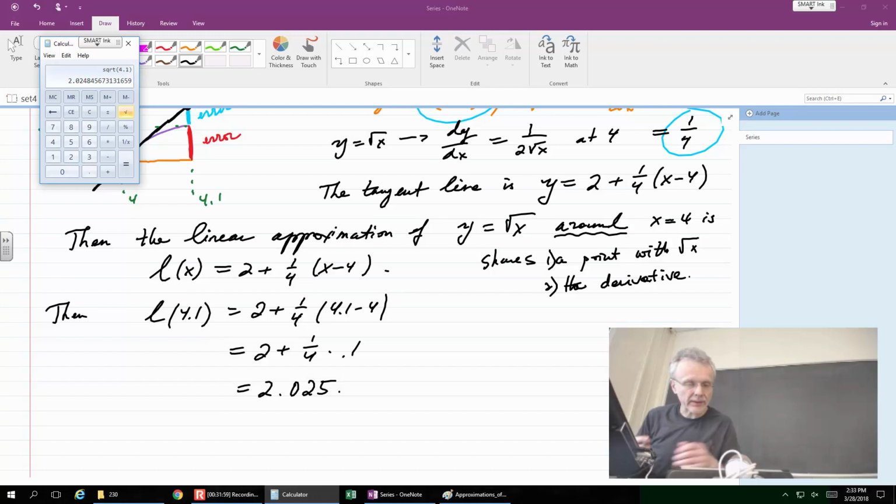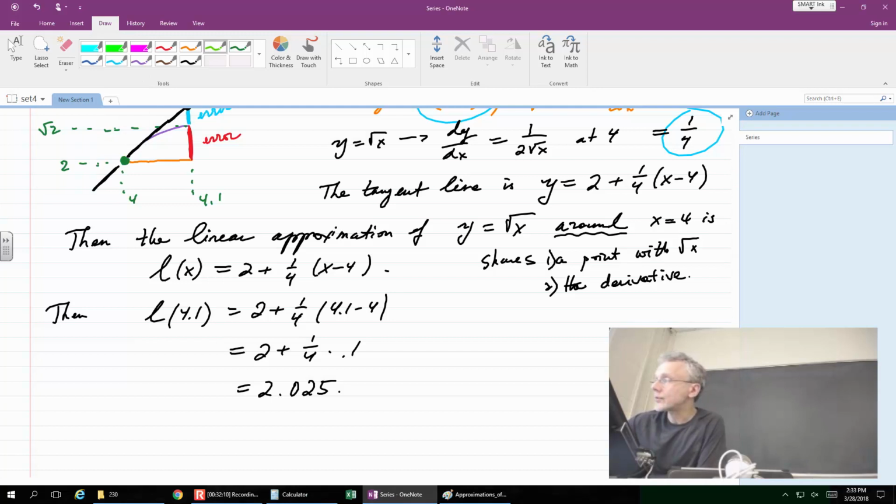Okay, so that is calculus 1. Now we're not stopping here, but rather we continue on with the same idea: how to improve approximations. How do we improve approximations when once again we have no way to compute the function?